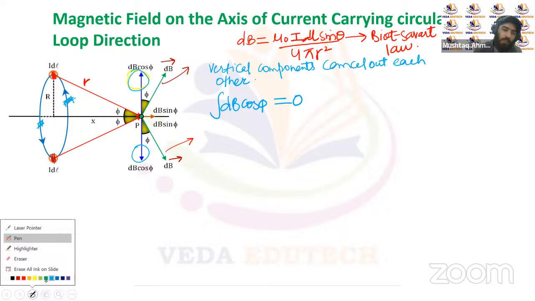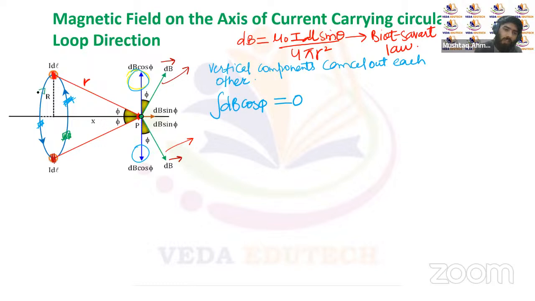Similarly, the cos component of this element will be cancelled out by the cos component of this element here. Since this is a symmetric loop, the cosine component of each and every magnetic vector because of the current elements will be cancelled out. That's why we write the integral of dB cos phi is equal to 0.